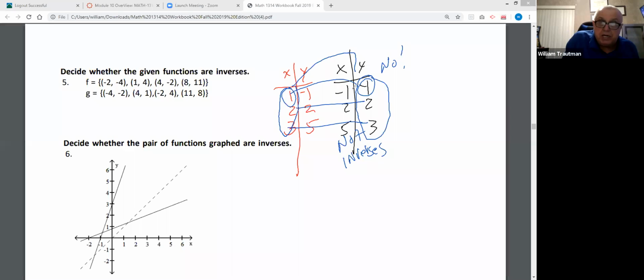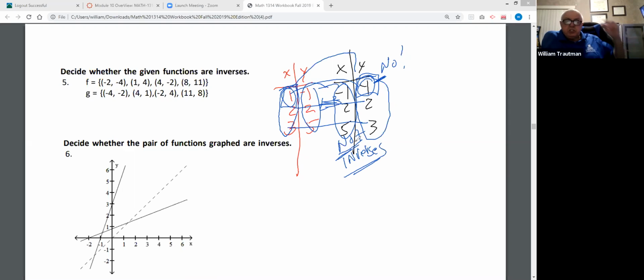And all the y here do equal the x. That's okay. But there is one piece that didn't work. So the whole thing is not an inverse. These two functions are not inverses of one another. Okay?